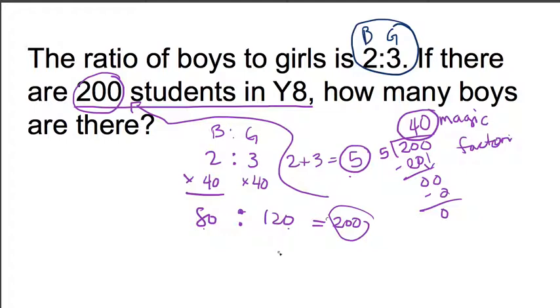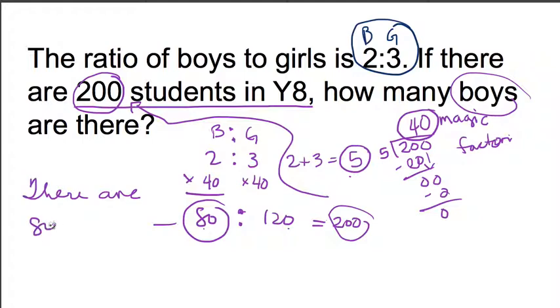OMG, it's amazing. So now the question is, how many boys are there? And since this is the ratio, since you were very organized and you label everything, we know that there are 80 boys in year 8. Boom. There you go. Okay?